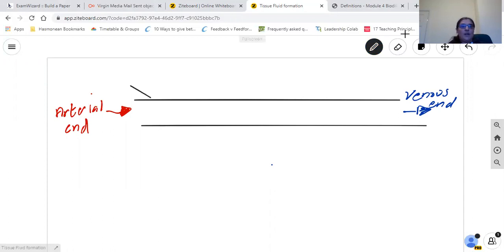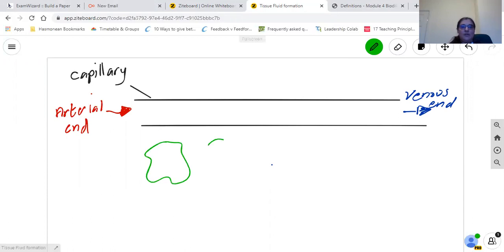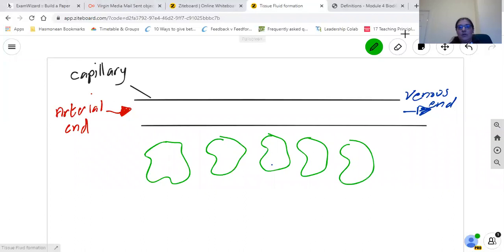So capillary itself is obviously single layer of endothelial cells to allow gas exchange, and then surrounding our blood vessel, we have our cells which make up our tissue.